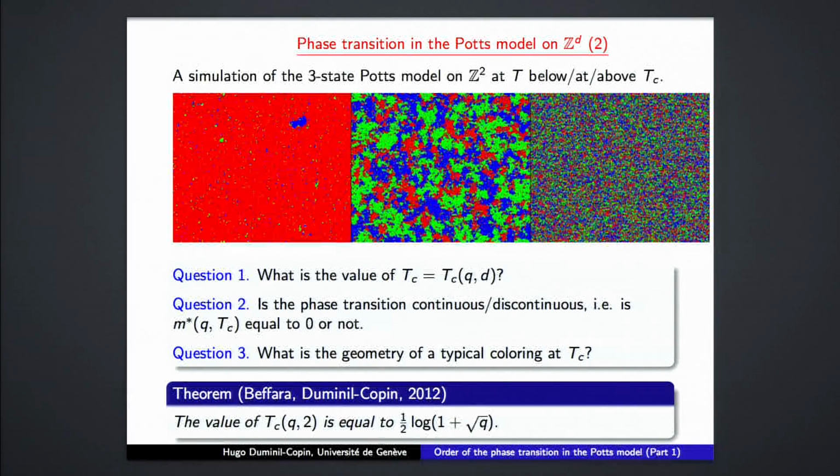Okay, and let me start, because I don't want to spend too much time on that, by answering question 1. So question 1, in 2 dimensions, you can answer it. You can compute the critical temperature. There is something magical happening in 2 dimensions, which is called duality. You can explicitly compute the critical temperature. But that's the only dimension for which you can do it.